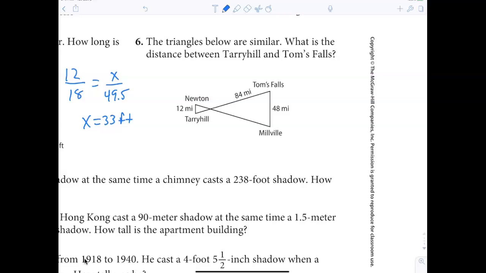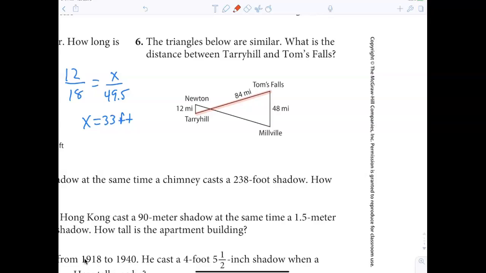What's the distance between? Right, so let's figure out from Terry Hill to Tom's. So this one's a little bit harder because we're looking for the whole thing, right? So you want to set up a proportion for me? Sure.